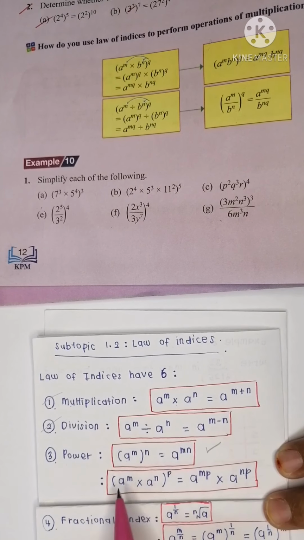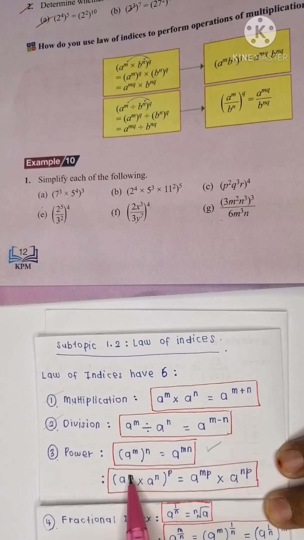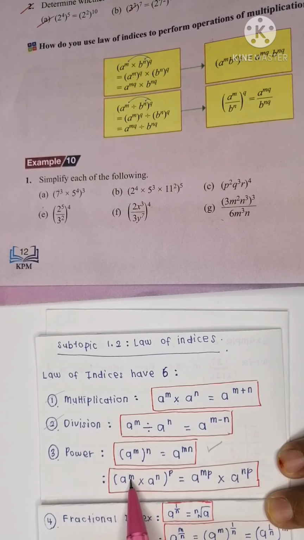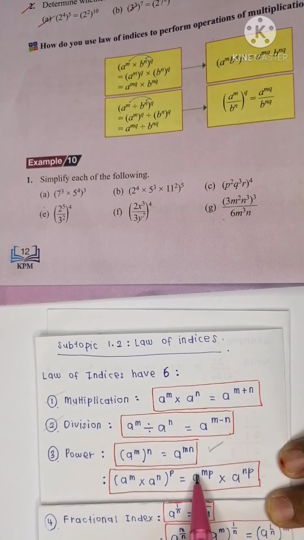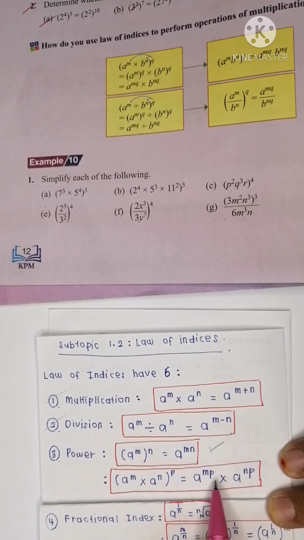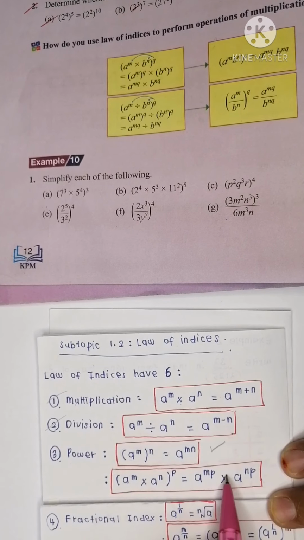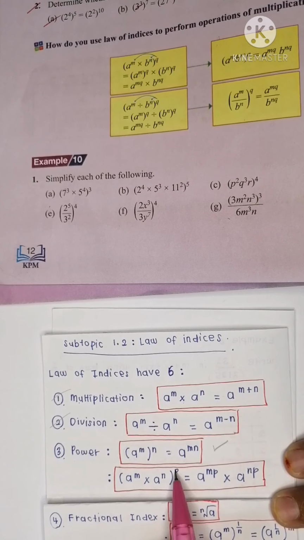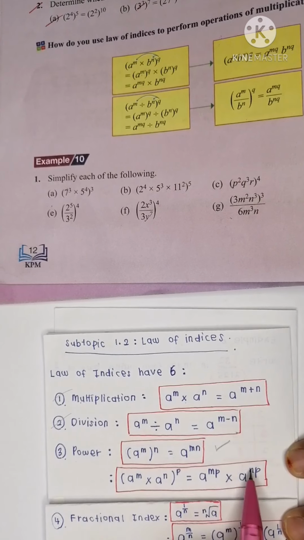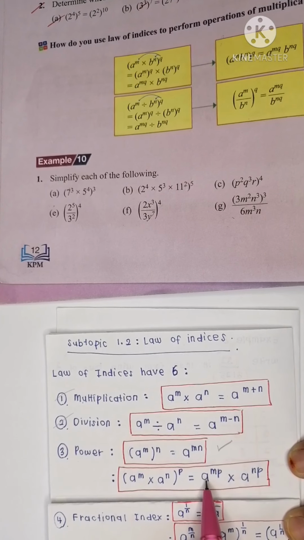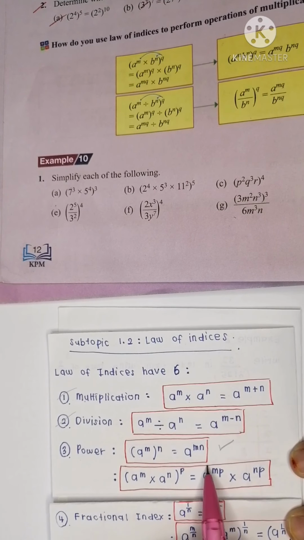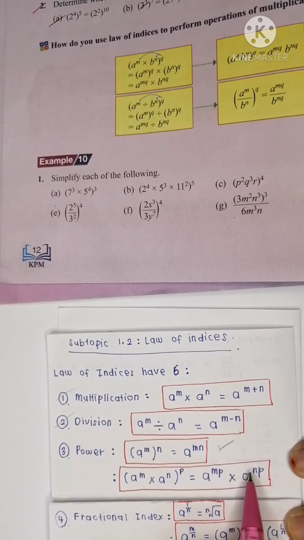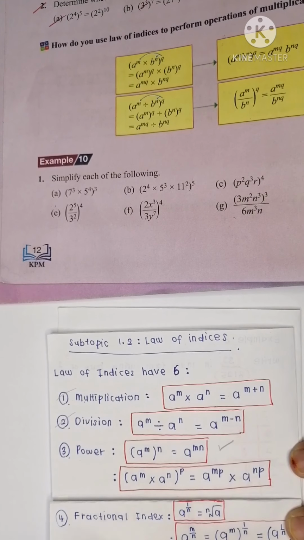The way is you need to multiply p by the power of this one, which is m, then you get a to the power of mp. Then multiply a, and this one p times n, then you get np. So the answer is a to the power of mp times a to the power of np, like that.